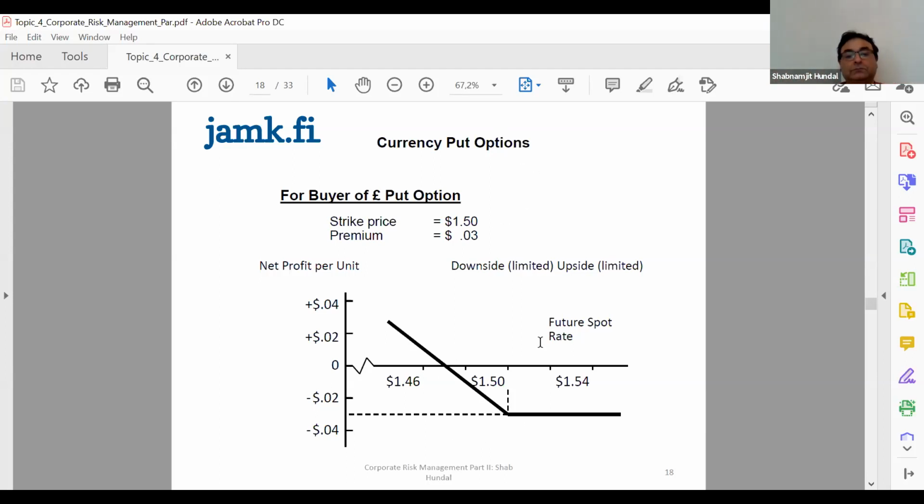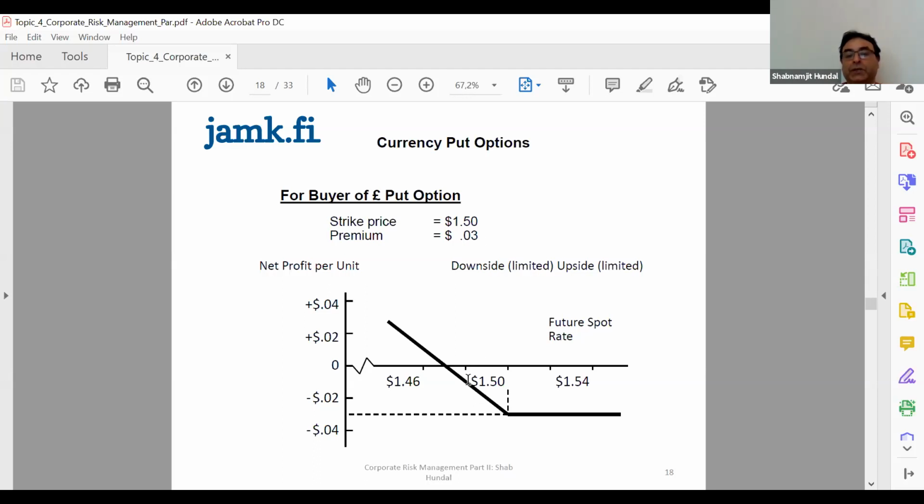Imagine, I give you a fictitious situation. The market price is 1.48. Here, let's imagine that this is 1.48. The market is giving you 1.48. The broker is giving you 1.50.